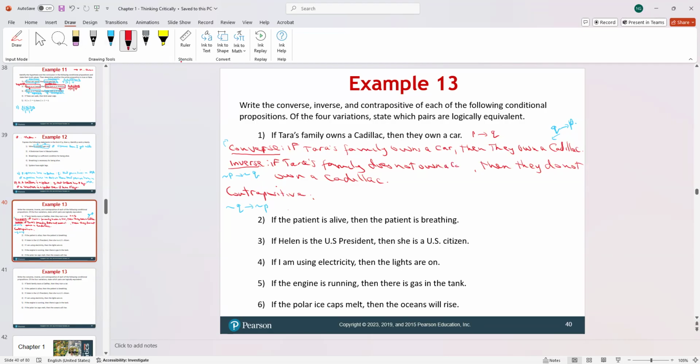Then they do not own a car, because we cannot switch it. Now, contrapositive: if Tara's family does not own a Cadillac, then they do not own a car, right?